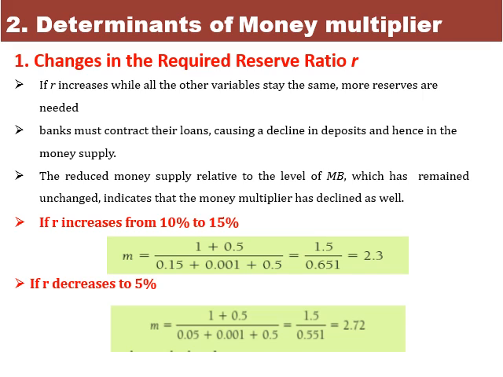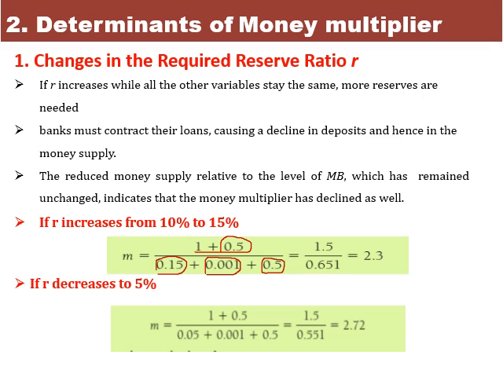So here M equals 1 plus 0.5, which is the currency ratio from the previous example, divided by 0.15, which is the new required reserve ratio, as I said, increased from 10% to 15%, plus 0.001, which represents the excess reserve ratio as we have computed before, plus 0.5, which is the currency ratio.